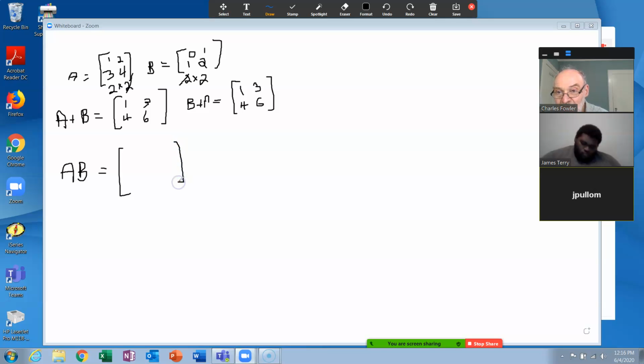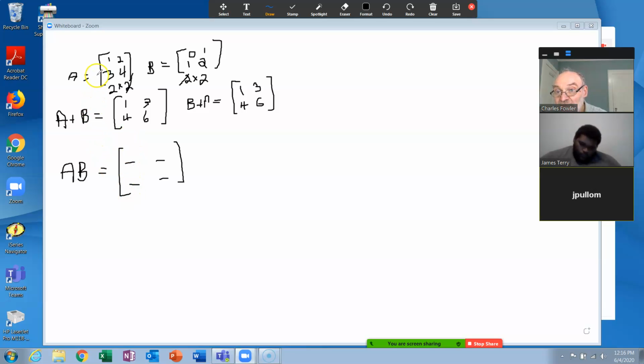Now, do you want me to draw the lines in there or not? Is it helpful to you? It was, okay. So let's write them in there. It's a 2 by 2, so that means you have 2 rows and 2 columns. Okay. Now, what's the address of this one? That's the first row, first column.